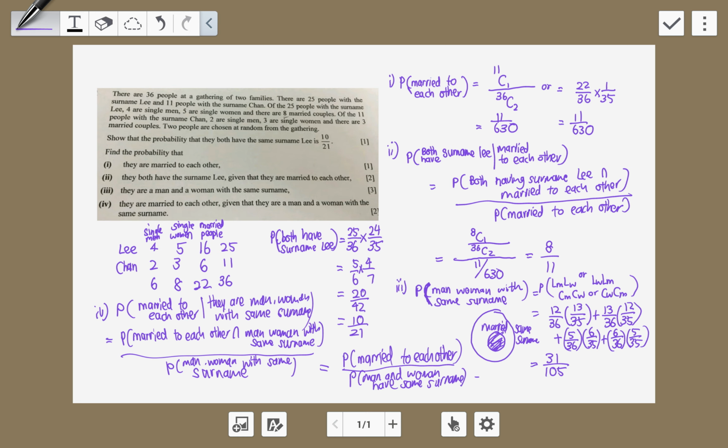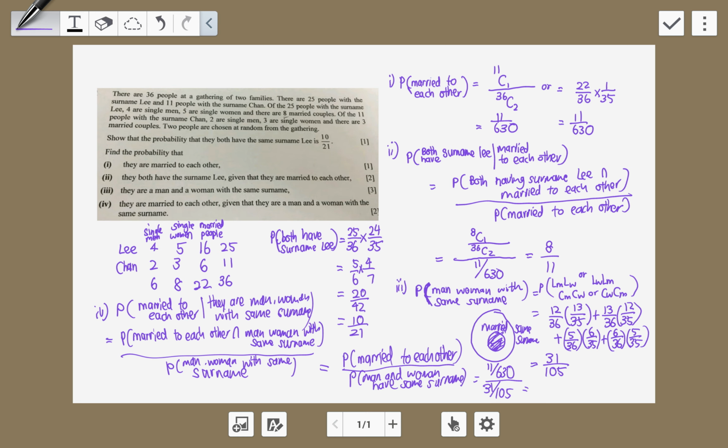So we take from part 1's answer 11 over 630, and the probability that a man and woman have the same surname is 31 out of 105.